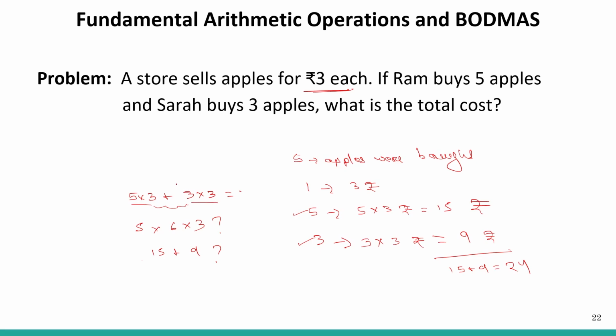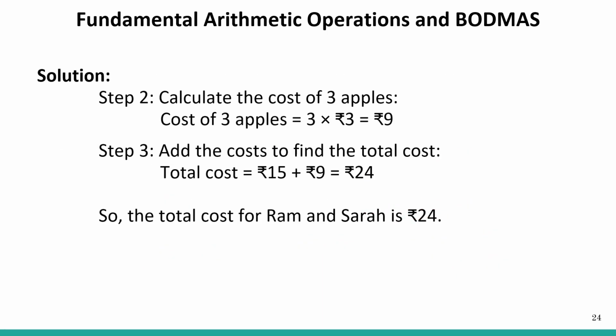We evaluate them first, that is 15, then plus 9, and next we do the addition, that is 24, and then we search for subtraction, there is none. So 24 will be the answer. This is how this problem will be solved by BODMAS. You can see right here, 24 is the final answer using the BODMAS rule.